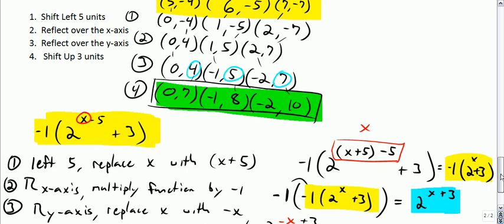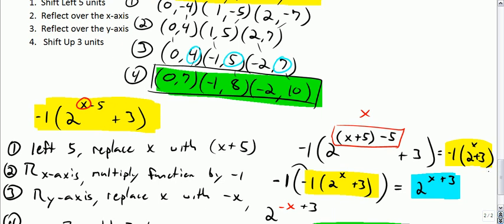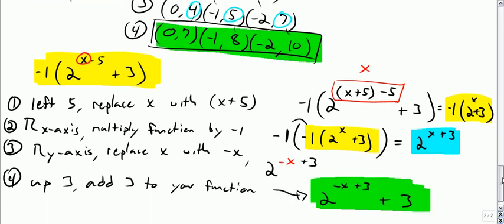So the first was left 5. Replace x with x plus 5. X plus 5 minus 5 is just 2 to the x. Plus 3. Okay, I'm fine with step 1.